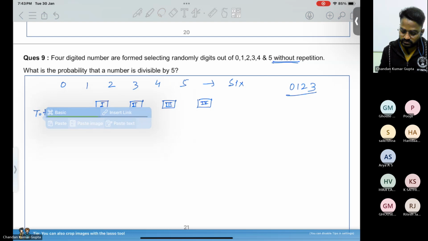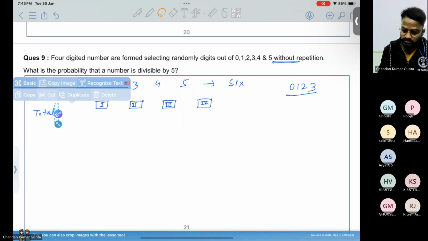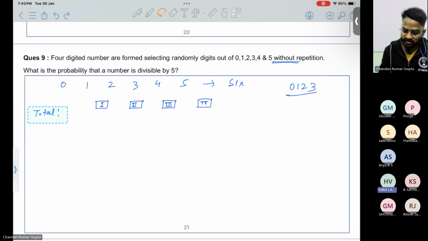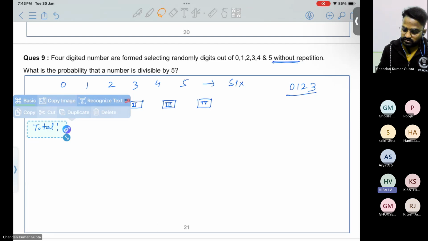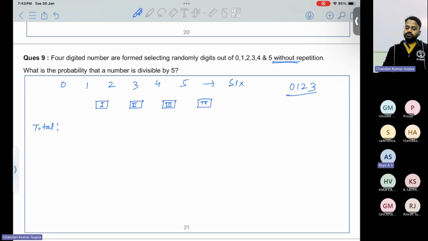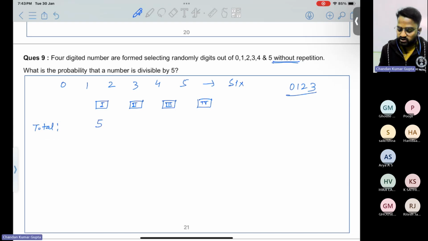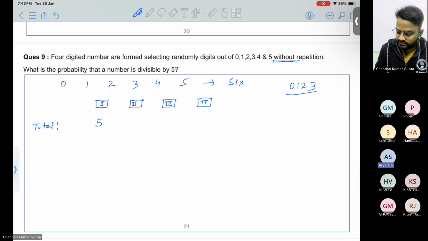Five, exactly. I am talking about the total, not about divisible by 5 first. And the second one? 5. It's still 5 because 0 can be here. We can write 0 here, but not here.